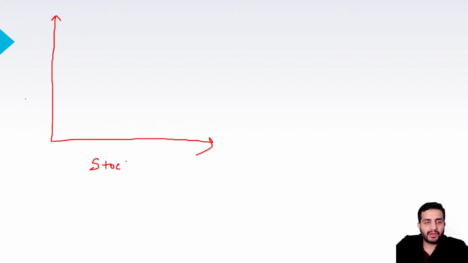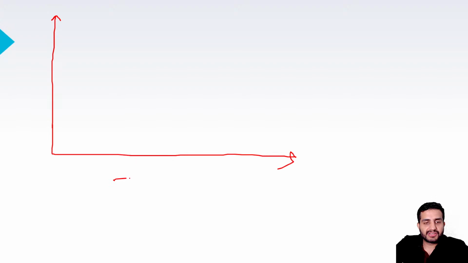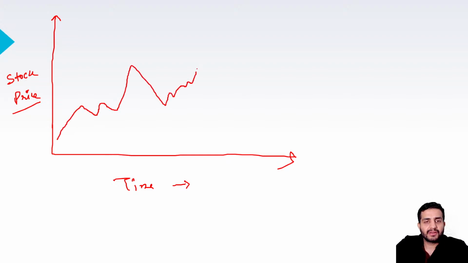For example, a very classic example, I have this stock data. So I have this stock price. Suppose this is my time component and this is my stock price. We know with time the stock price changes, right?